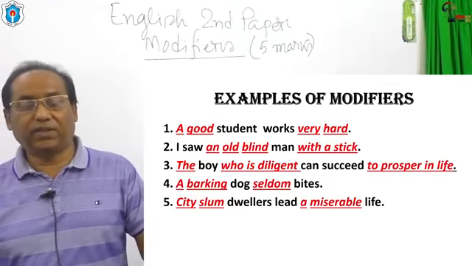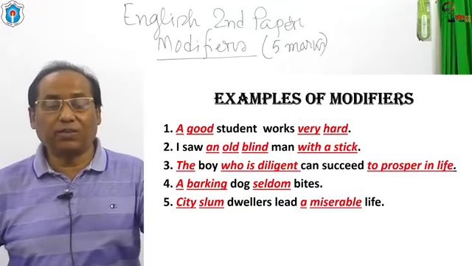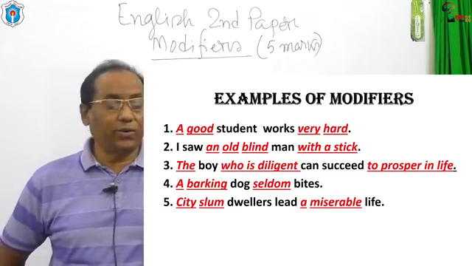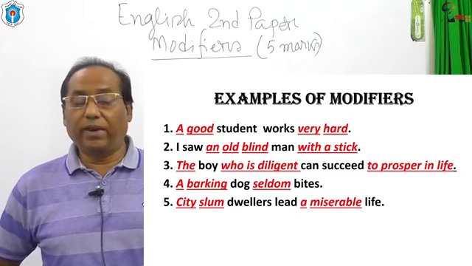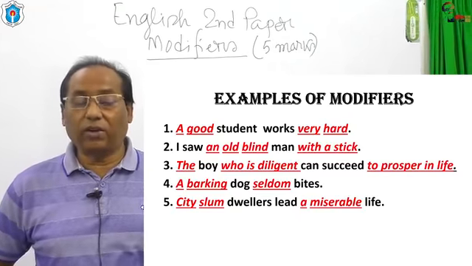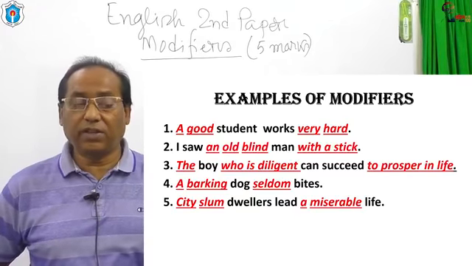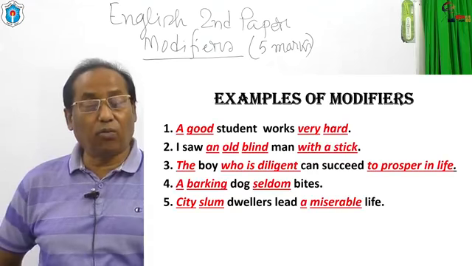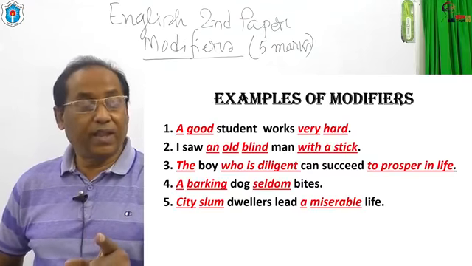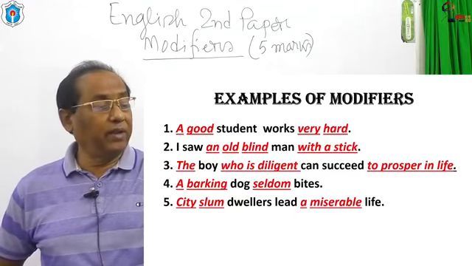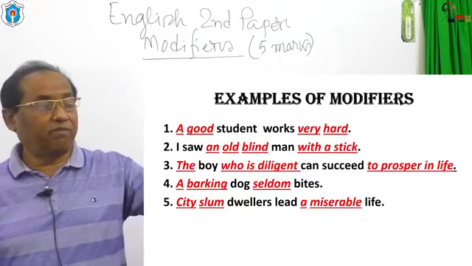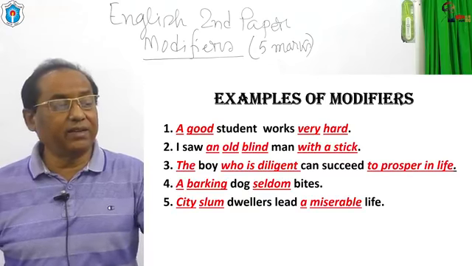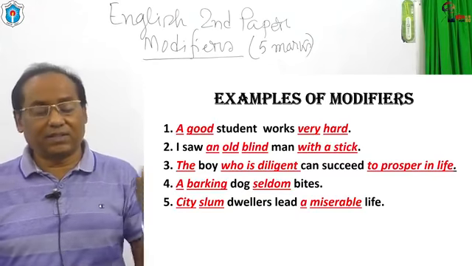In the slide you can see red colored words are modifiers. Student is the head or the head word, because the student is modified. The modified word is head word, and it is modified with two other words. First, article. Secondly, good. A good student.